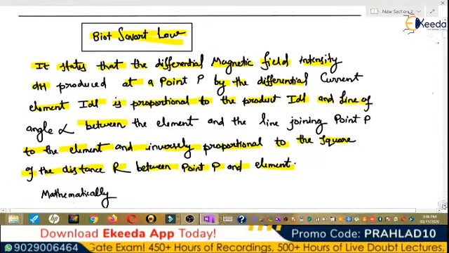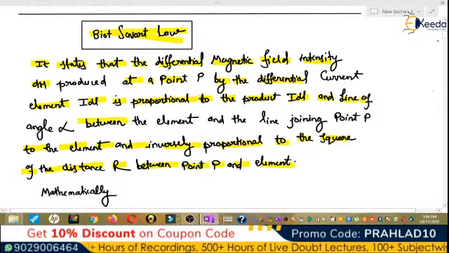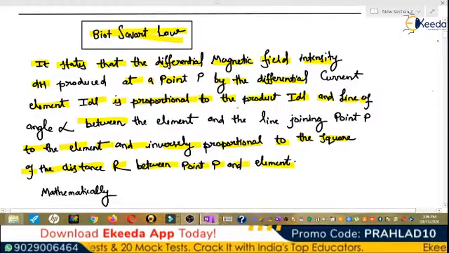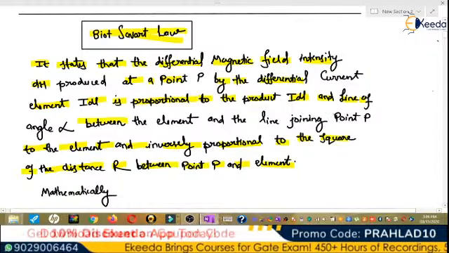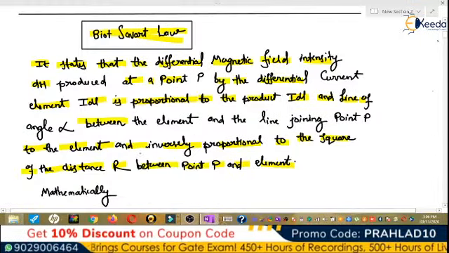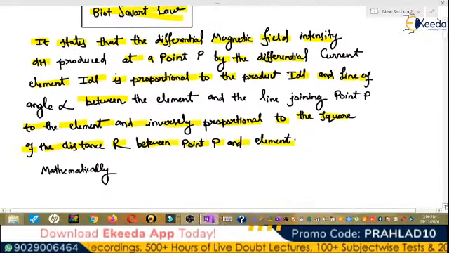Now we come to the Biot-Savart law. It states that the differential magnetic field intensity dH produced at a point P by the differential current element IDL is proportional to the product of IDL and sine of the angle alpha between the element and the line joining point P to the element, and it is inversely proportional to the square of the distance r between point P and the element.